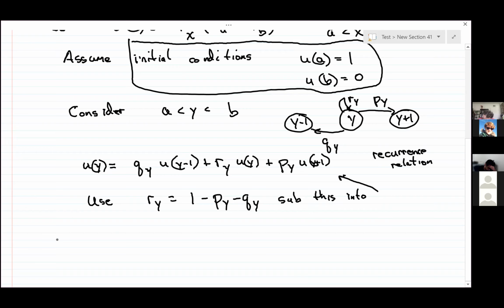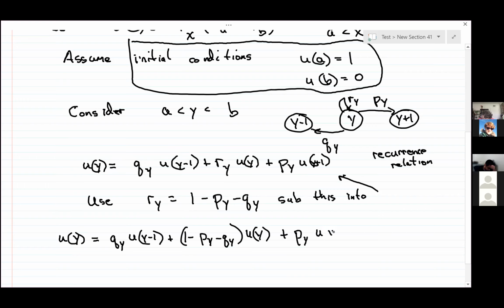All right, so when you do that, you get u of y is equal to q y times u of y minus 1 plus r y, but r y is all this stuff, 1 minus p y minus q y, times u of y, plus the rest, the substitution's already been done, p y times u of y plus 1.